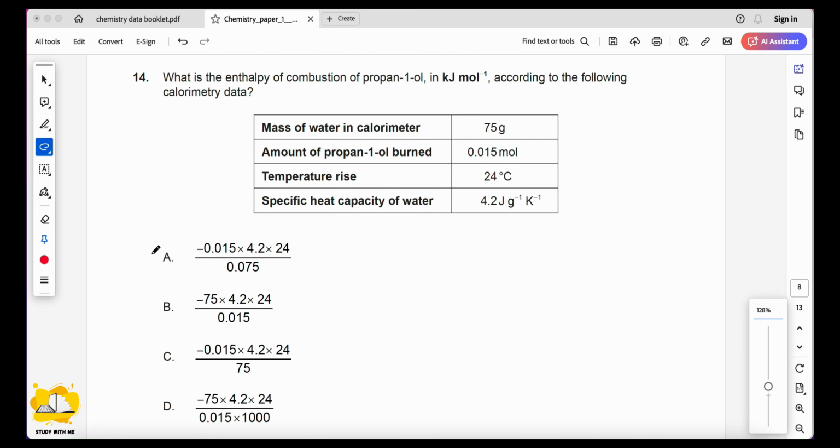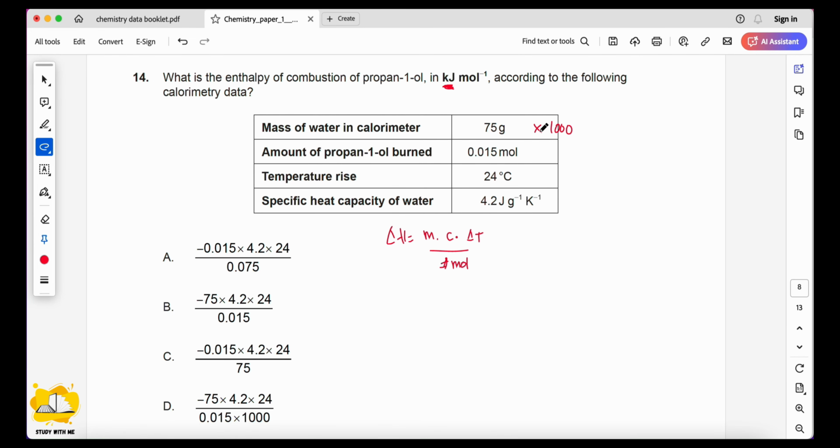What is the enthalpy of combustion of propanol in kilojoules per mole according to the following calorimetry data? So to calculate it, we use mcΔT divided by the number of moles. Be careful, here it is kilojoules. So the mass of water should be multiplied by 1000 because it's in kilojoules.